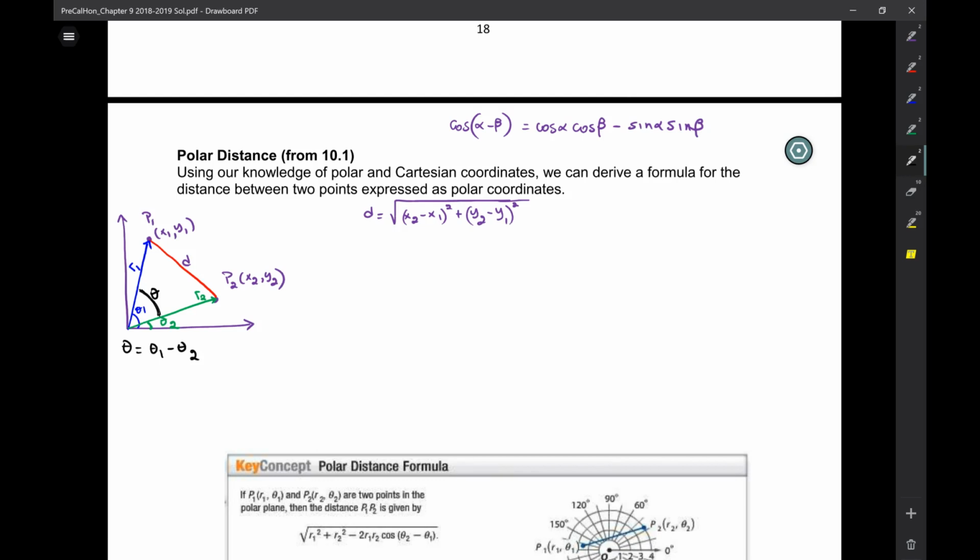So I have this formula for the distance in rectangular coordinates. Can I convert that to polar coordinates? Of course I can. Because x1 is r1 cosine theta 1, right? And what's y? r sine theta. But if it's y2, then it'll be r2 sine theta 2.